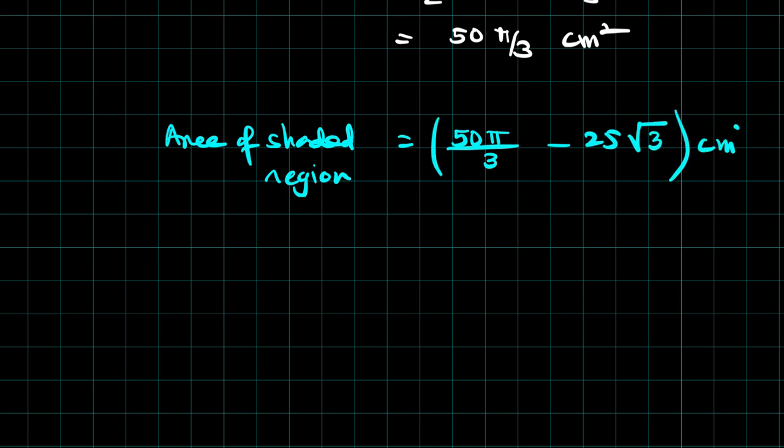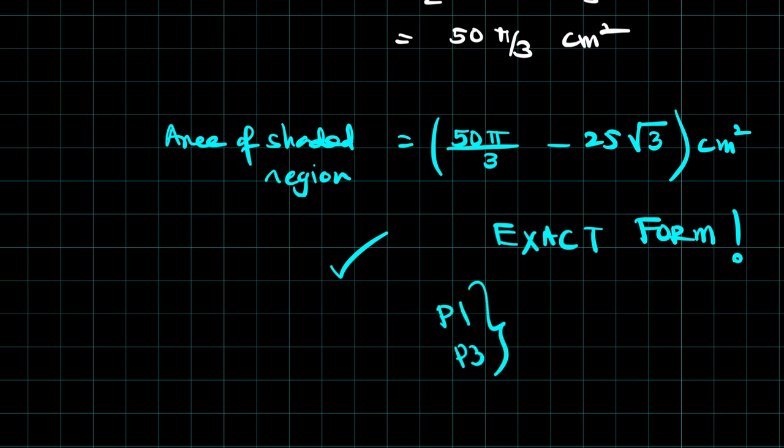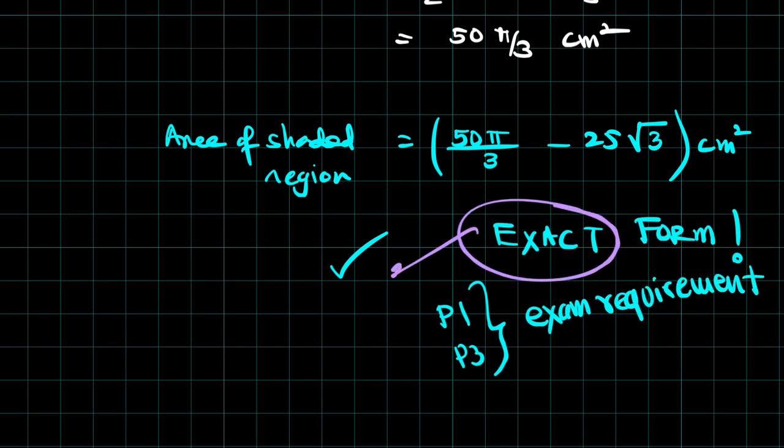Leave the answer in this form, that is the area of the shaded region, and this is known as the exact form. Now the P1 examiner, the P3 examiner, it's the exam requirement according to which the examiner will be checking. So mostly they ask the answer in the exact form, so develop a habit of doing so.